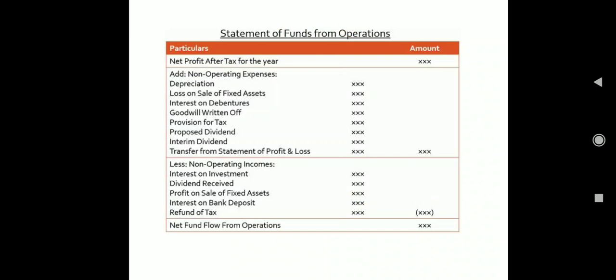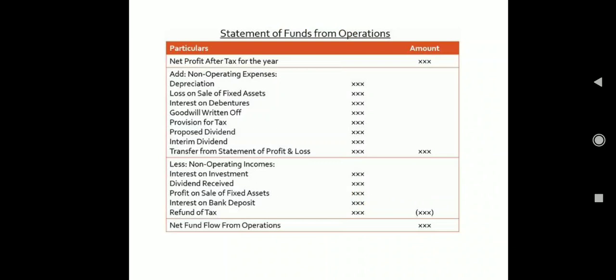Whatever net profit is shown by the profit and loss account is not always a correct representation of the fund from business operation. The reason is that whatever appears in your profit and loss account, it's not necessary that each and every item involves payment in cash.